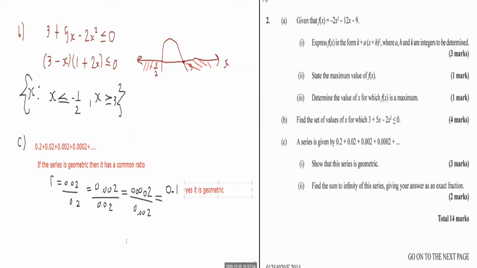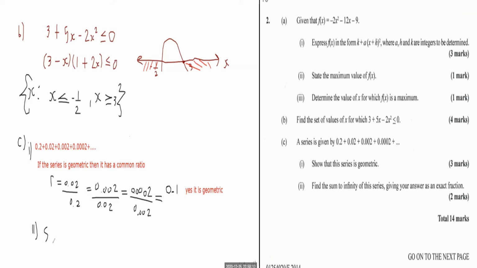Now, since the series is geometric, what do we do next? It says, find the sum to infinity. Now, sum to infinity is a simple formula that you have to remember.